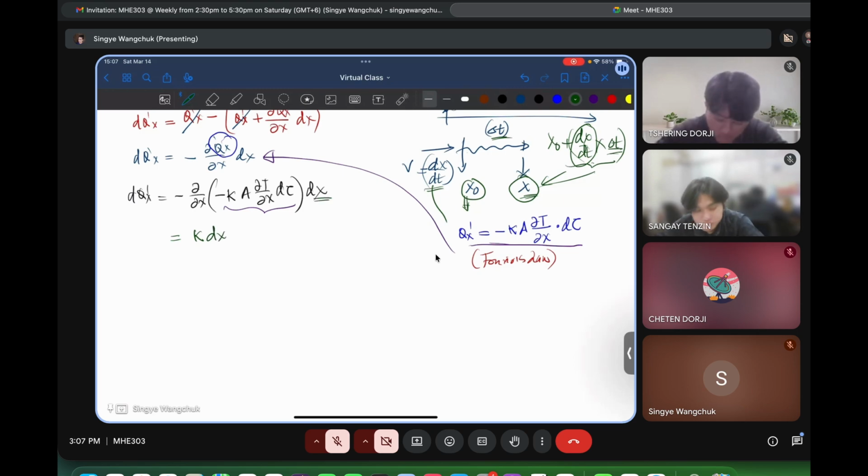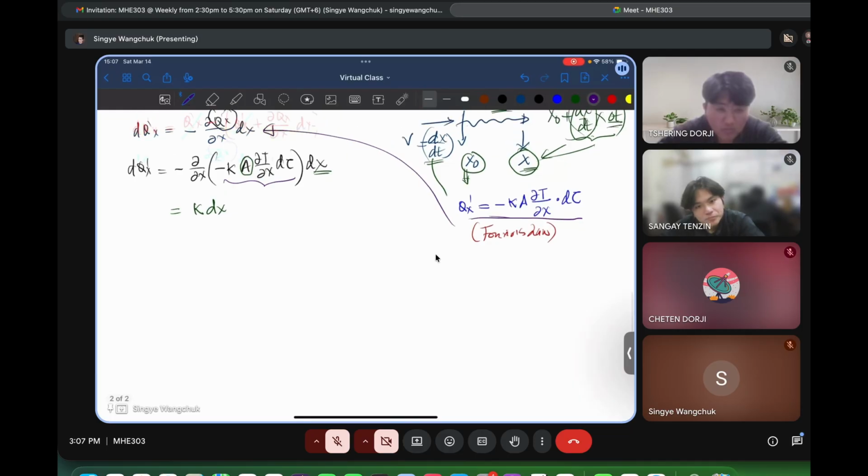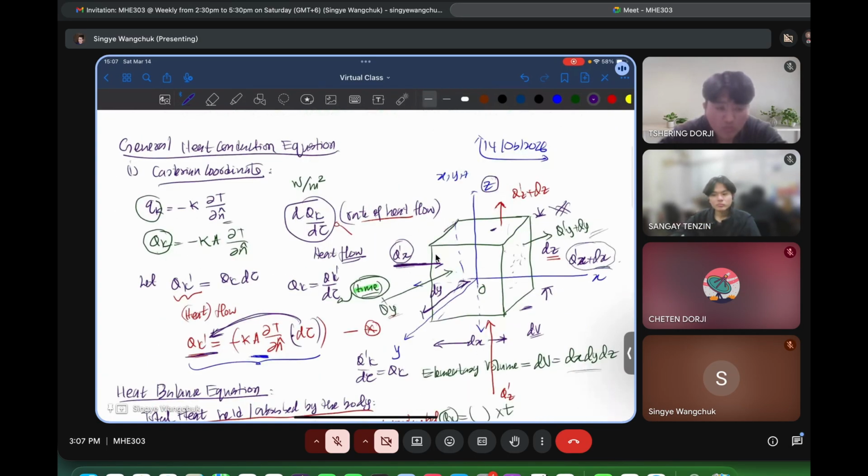Now what is the area? This is the area through which your heat is flowing. So if you see this here, then this square is the area that it is flowing through. What is the area for this?